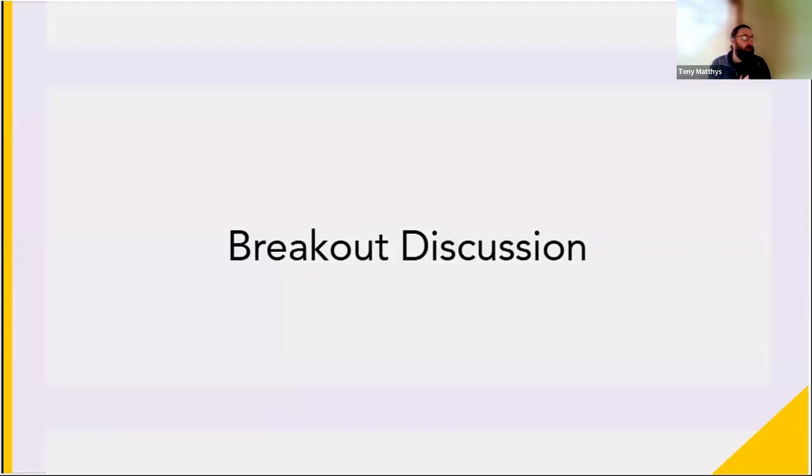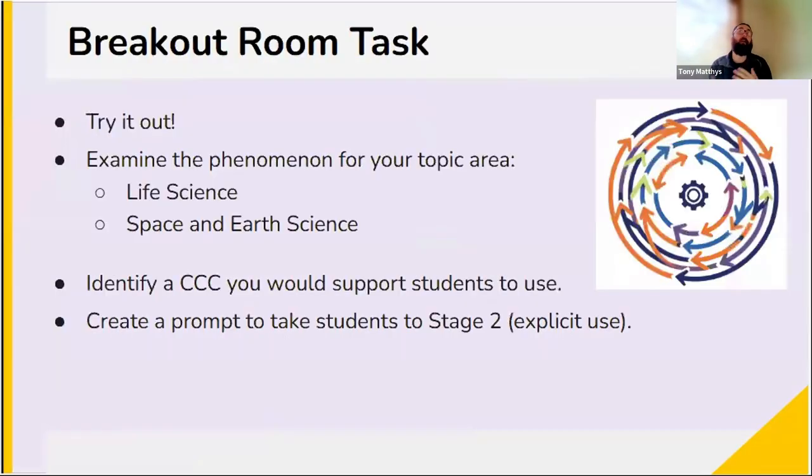So now we have a little bit of time left in our session here. Let's try out using the STEM teaching tool 41 a little bit, trying to move students up this, and pairing that with this framework for student mastery. We're going to look at a phenomenon from either life science or space and earth science. That'll be your choice where you want to go.